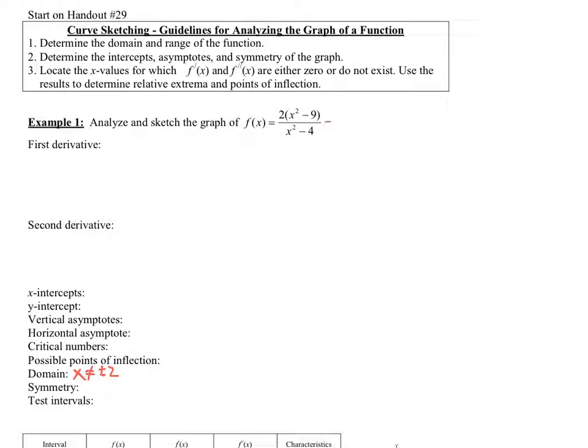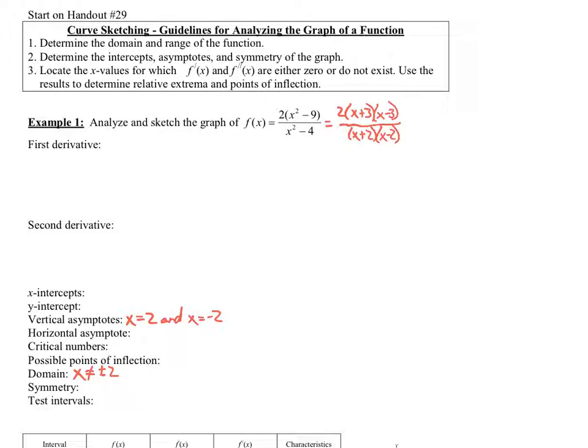Okay, yeah, if I factored the numerator and denominator, x plus 3, x minus 3, over, x plus 2, x minus 2, I'm not going to be able to cancel out any of those, so I don't have holes. I simply have asymptotes. So I can actually fill this in too. The vertical asymptotes are x equals 2 and x equals negative 2.